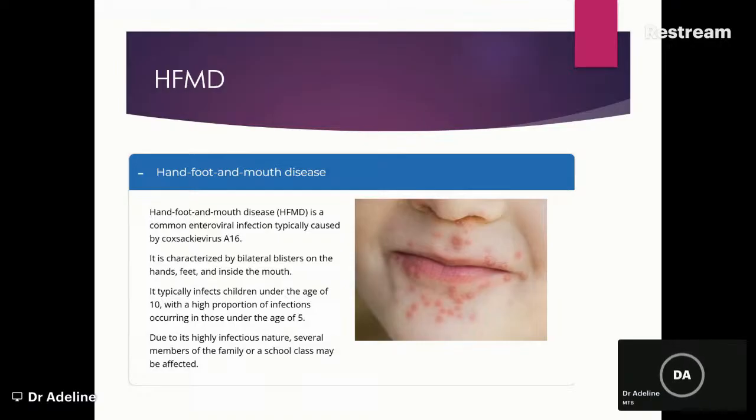Usually, it's seen in children under the age of 10, with a high proportion of infections occurring in those around the age of 5. Due to its highly infectious nature, most of the members of the family or the school would be affected. And when you're taking the history, you can always ask about contact history and similar history in the family, the nursery, or the school.